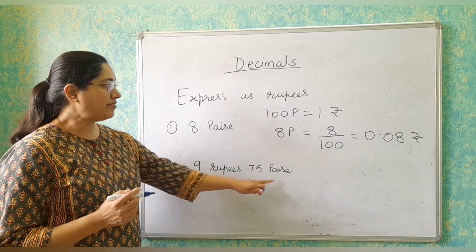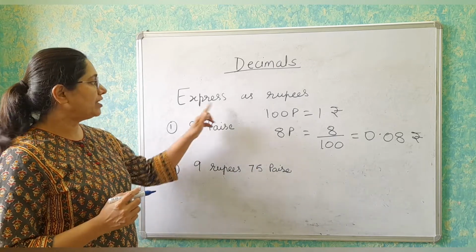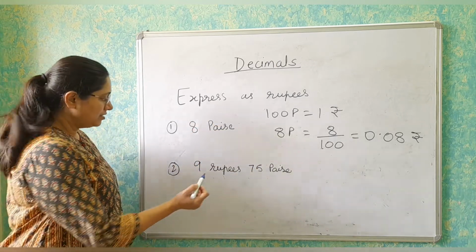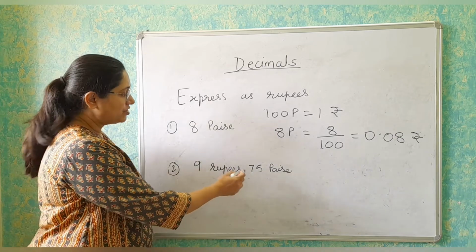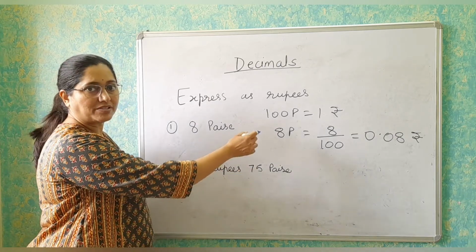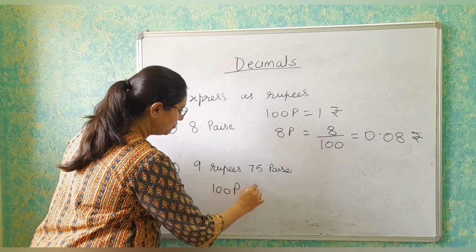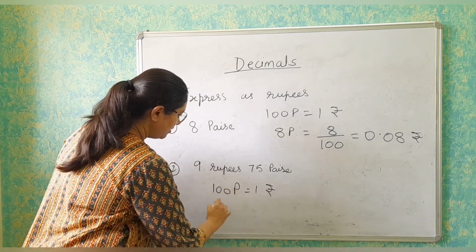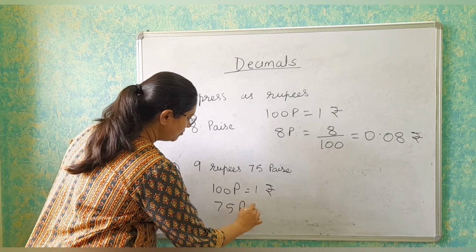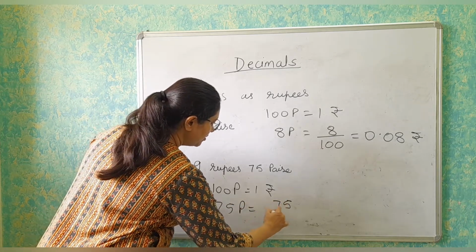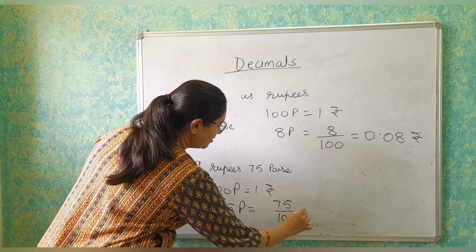9 rupees 75 paise, and we have to express it as rupees. 9 rupees is already rupees. We just have to convert 75 paise into rupees. And you know that 100 paise equal to 1 rupee. So 75 paise will be equal to 75 divided by 100.